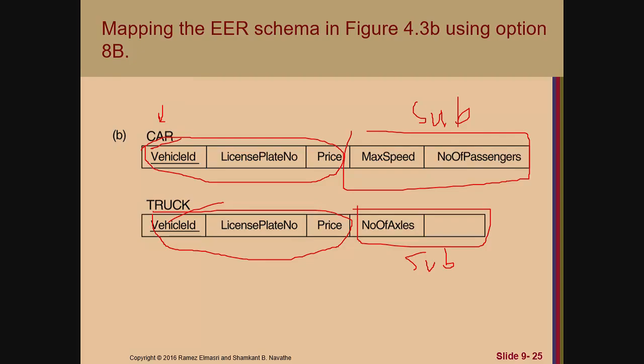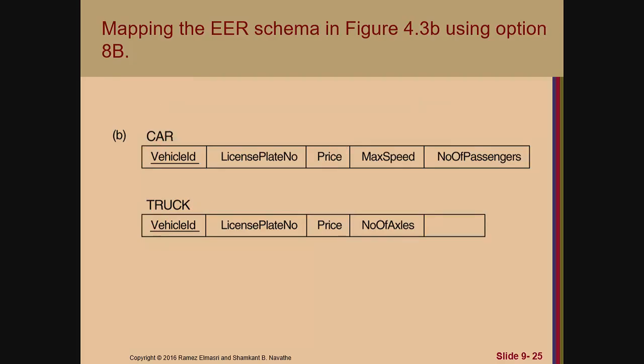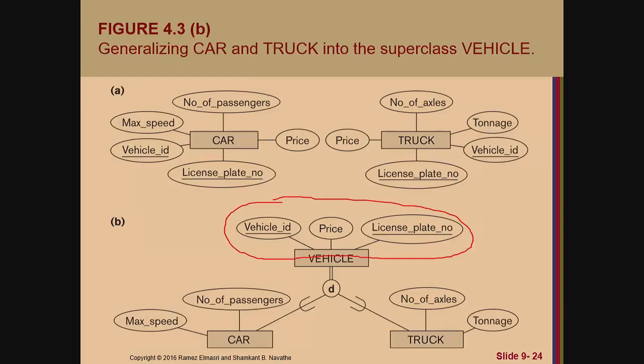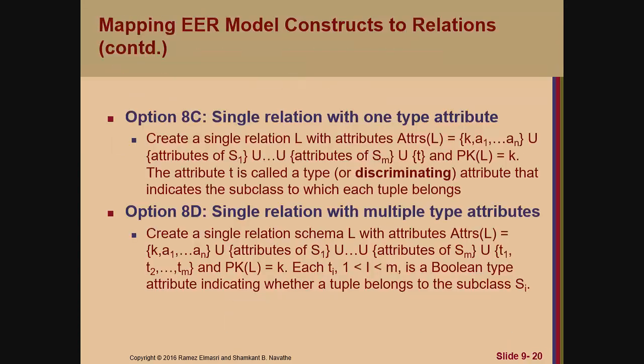We cannot store the data in each of them, because the vehicle maybe is a bicycle, not a car or a truck, so the data cannot be stored in any table, it is gone. So it becomes a problem. Don't forget that. This technique can be used just only for total participation. This is option B. Okay. Next, option C.